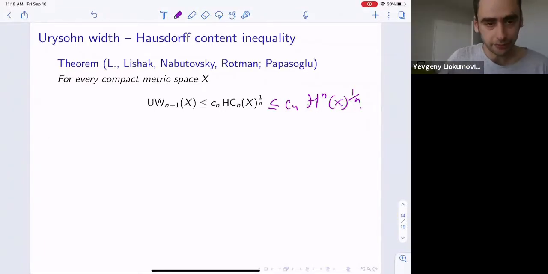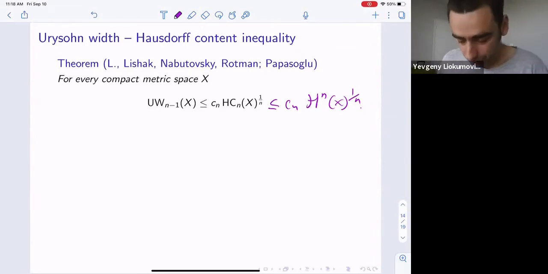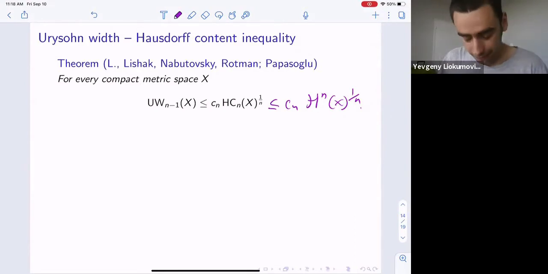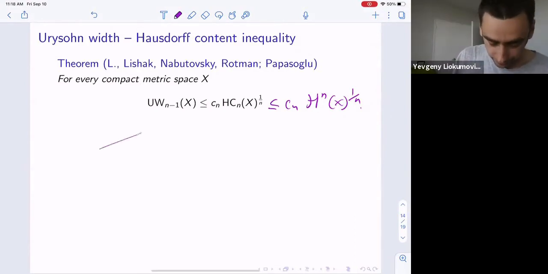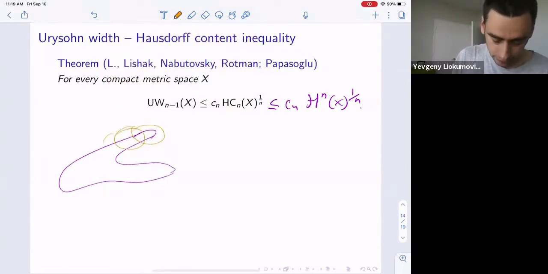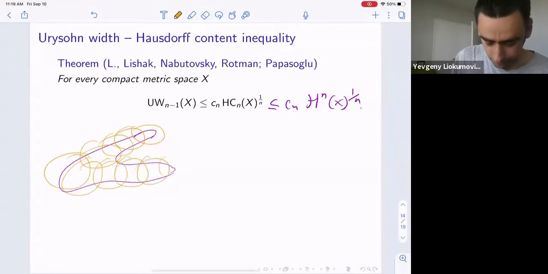Now let me talk a little bit about the proof of this result. The idea is similar to what I described earlier, of how we relate the covering definition of Urysohn width and the mapping definition of Urysohn width. So if we have a metric space and we can construct a certain covering with some special properties, we can define the nerve of the covering.